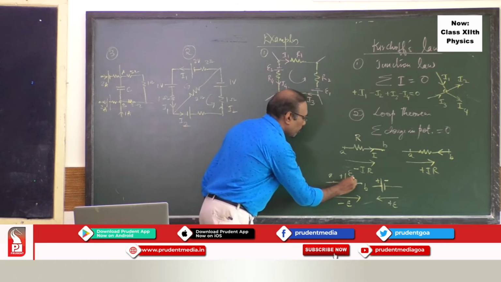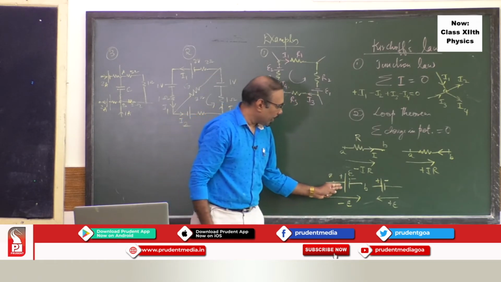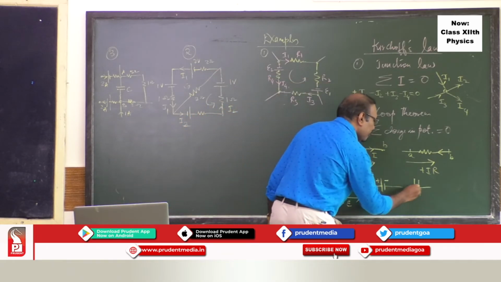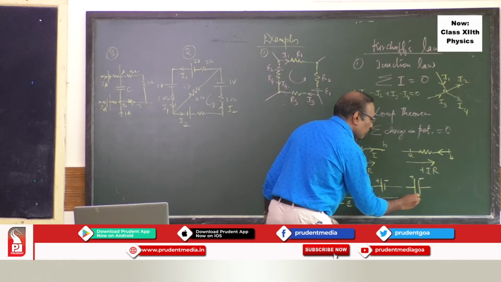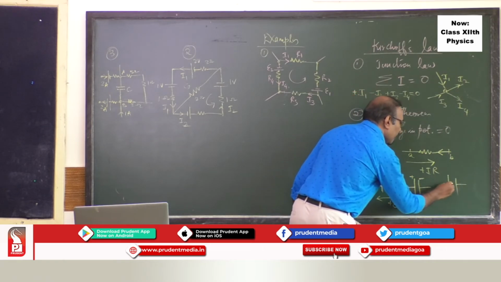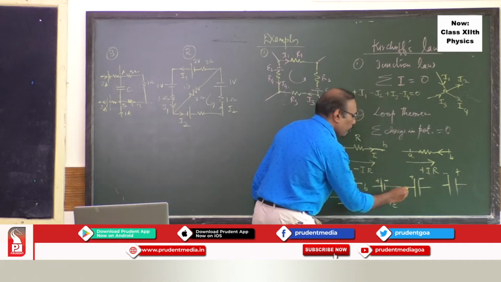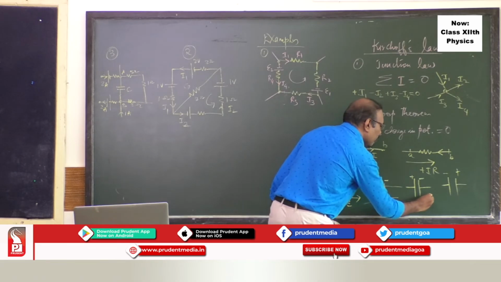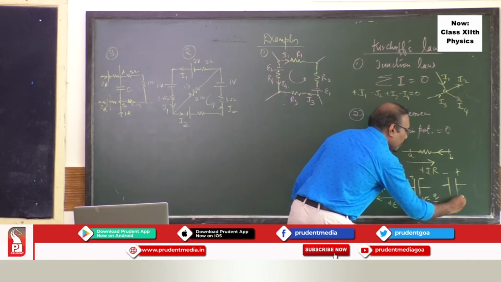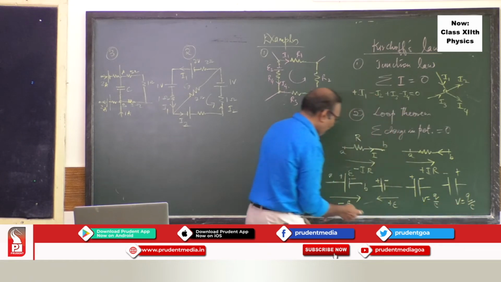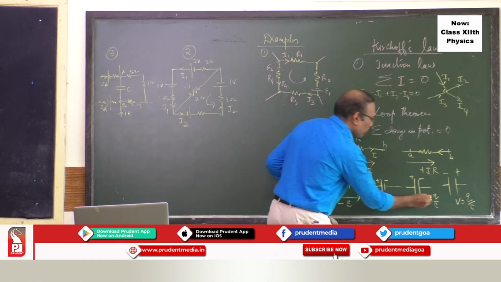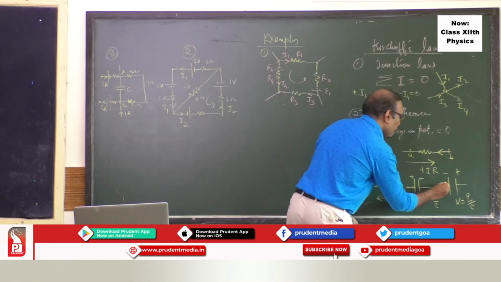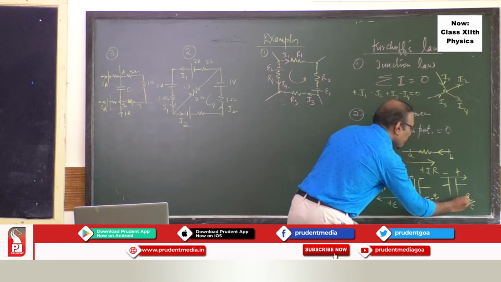If you go from positive to negative, you take the EMF as negative. And if you have a capacitor, with plus Q on one plate and minus Q on the other, the voltage across the capacitor is Q by C. Apply the same rule. If you go this way, you take it as negative. If you go from negative to positive, you take it as positive.